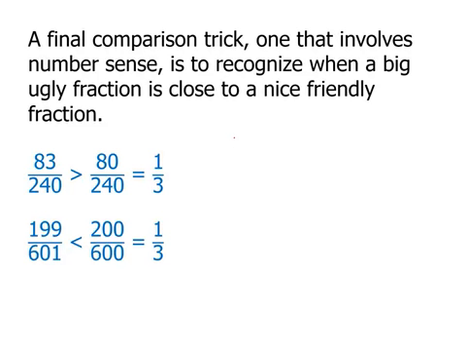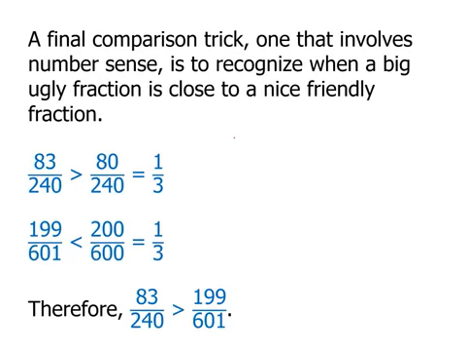And so we know that 83 over 240 is greater than 1/3. 199 over 601 is less than 1/3. And so right away, that tells us that the one that's greater than 1/3 has to be greater than the one that is less than the third. And so this makes it easy to compare ugly fractions if we can use number sense to see that they're actually very close to a nice, neat fraction.